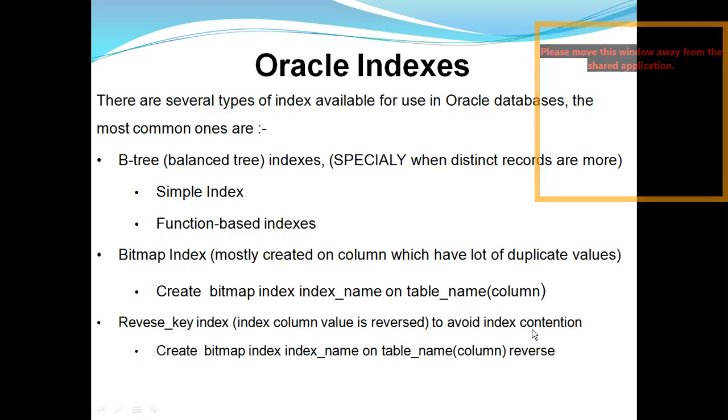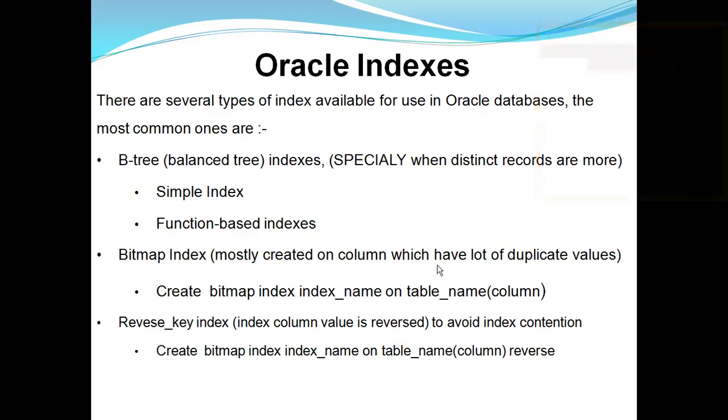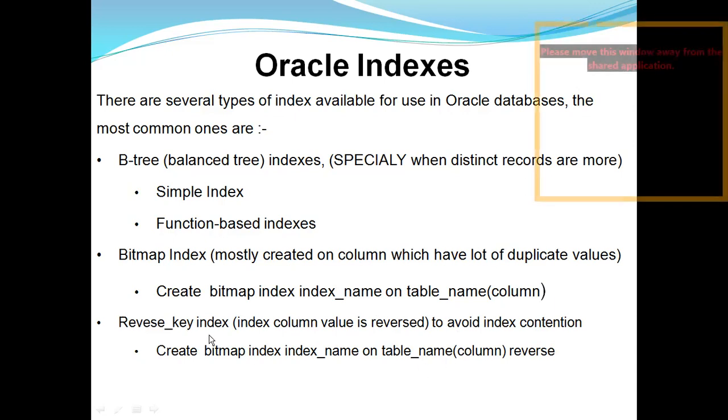For example, gender. Gender is either M or F, that's it. So for that kind of records we use a reverse key index. How do we do that? Same thing, create bitmap index and then index name, use a column, and just use the keyword reverse, that's it.